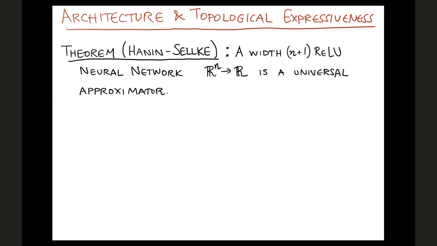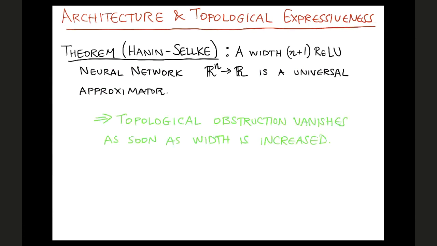That's kind of cool. This particular topological obstruction vanishes as soon as the width is increased. But their construction is a very general one, which is really nice, but it's not particularly efficient for any given topological feature that you might be interested in.